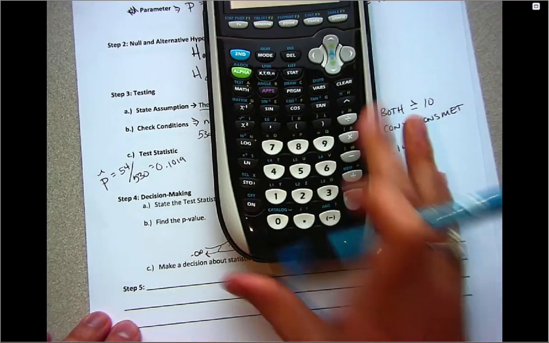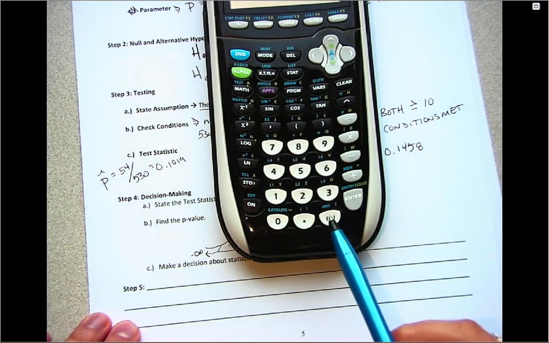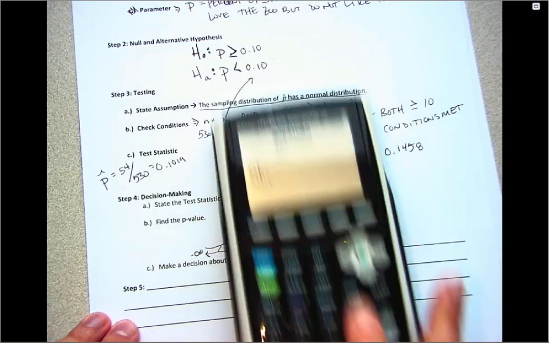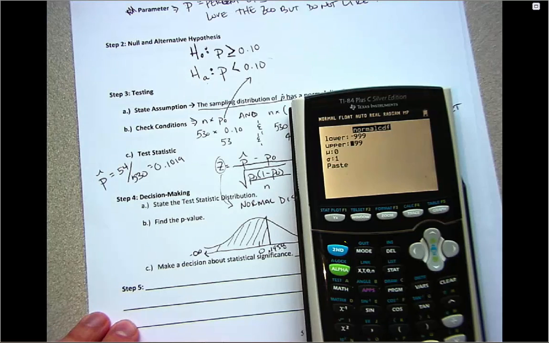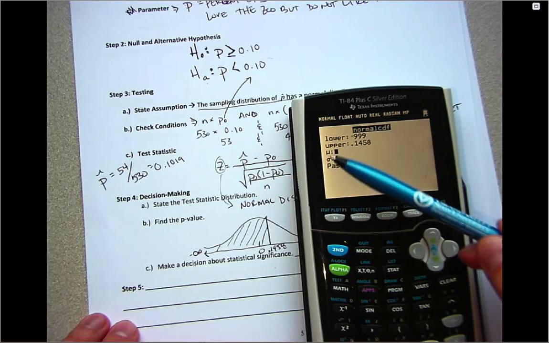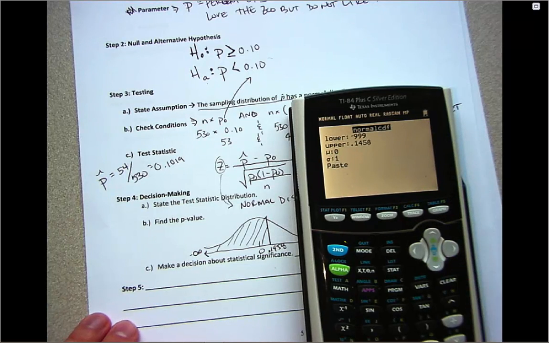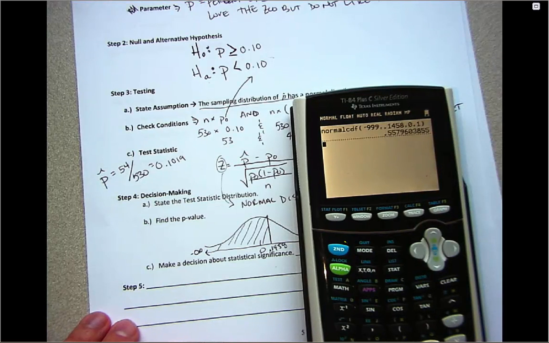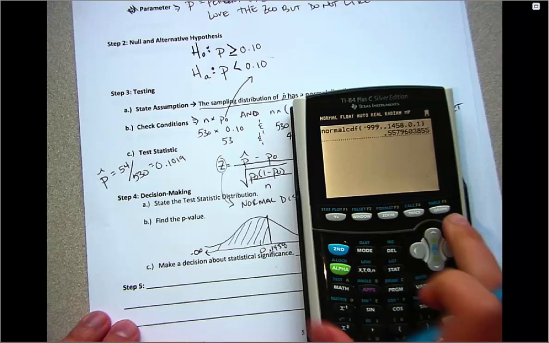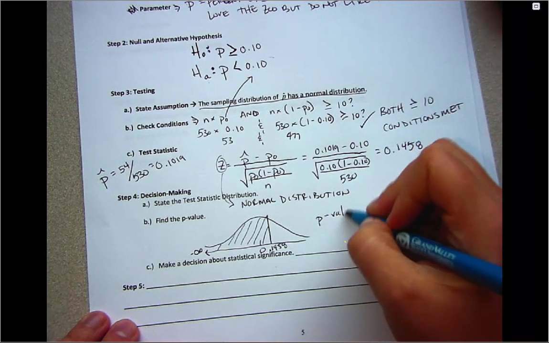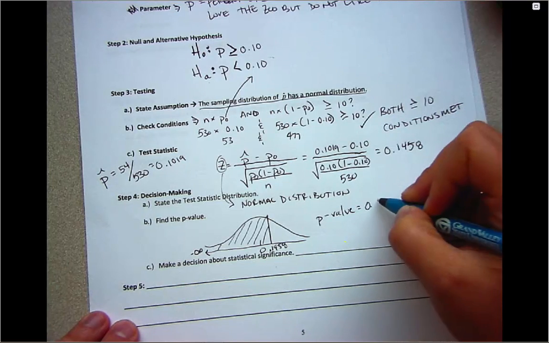Make sure that you use the negative symbol, which is below the 3, and not the minus symbol. They are different. It's not like your computer. And then our upper bound, or where the highlighting ends, is 0.1458. And then just like before, you leave these two as 0 and 1. So we go to paste and push enter, goes out to the main screen, push enter again, and that is our p-value. So our p-value is approximately 0.56.